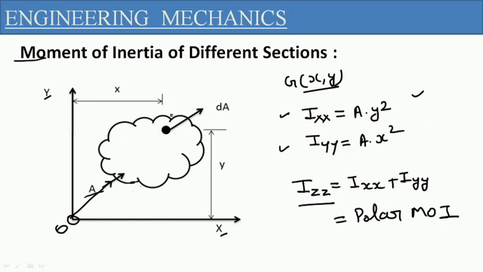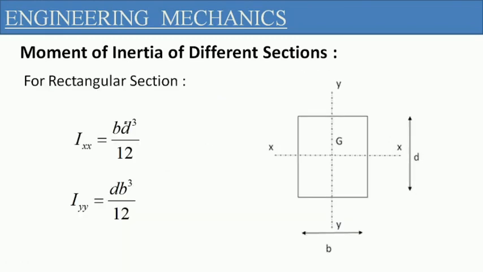Now this particular plane is an arbitrary shaped plane. Here we don't know the symmetrical axis, or the exact shape of this particular plane, so we cannot define the symmetry of the plane or the object. But we can take sections like rectangular section, circular section, triangular section, elliptical section.